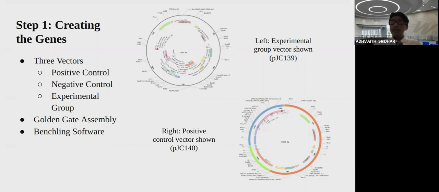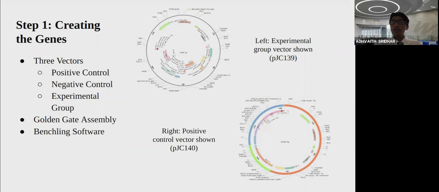And this allows researchers to have a benchmark for what would occur when there was no controlling switch in the plant. And this was based off of previous research, which has proven that this vector works in continually expressing systemic acquired resistance once the edited gene is put into the plant.